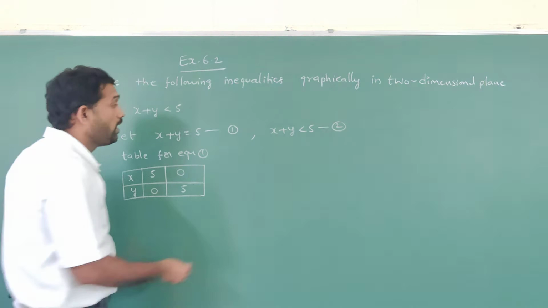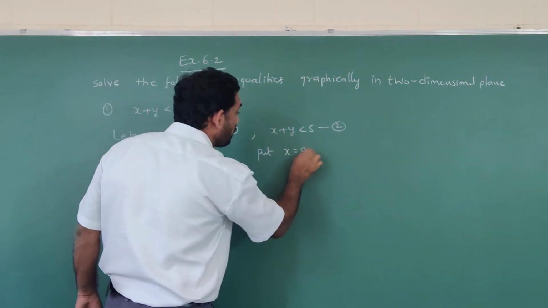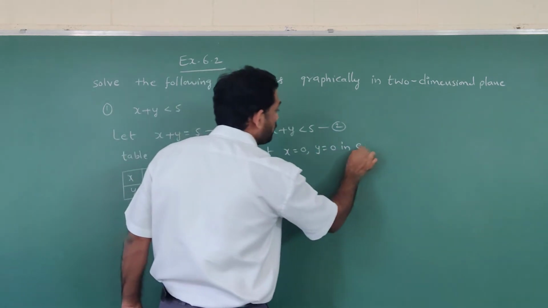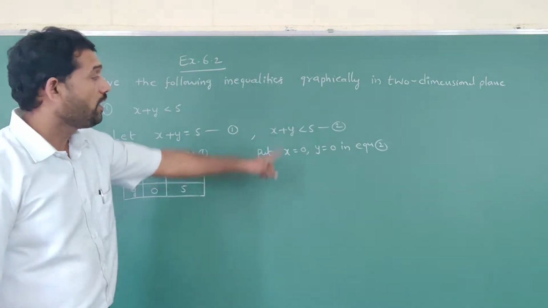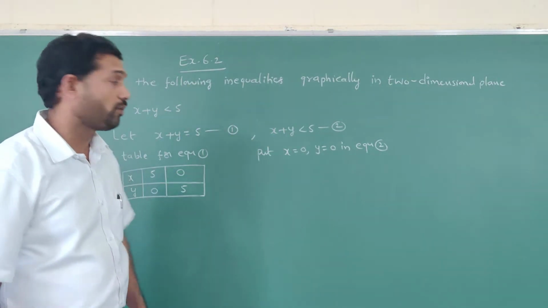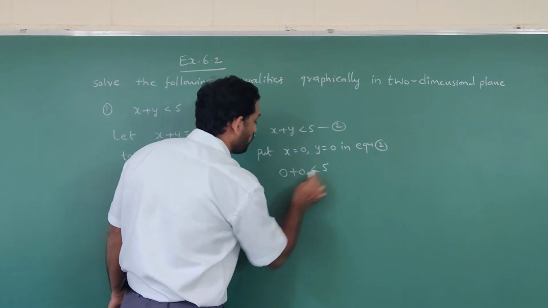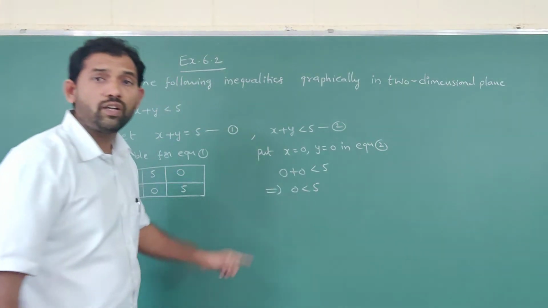Next, put x equal to 0, y equal to 0 in equation number 2. Substituting, 0 plus 0 less than 5, so 0 less than 5.